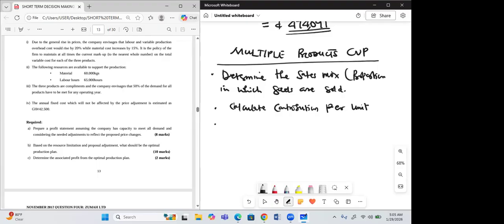Then you calculate the weighted average contribution per unit. You weight it by the sales mix.